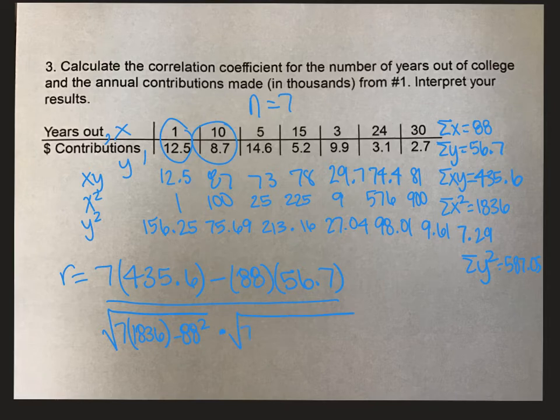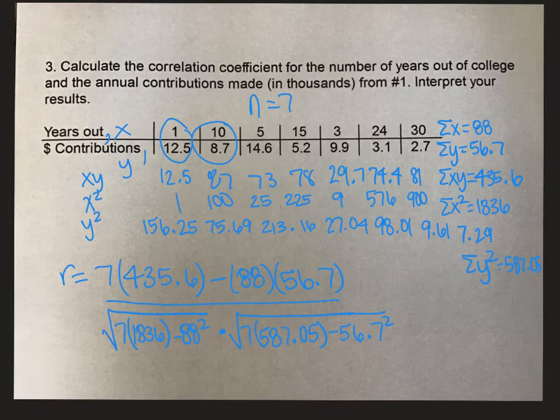So this is the square root of n times the sum of my y squared minus the sum of my y's squared. So 7 times 587.05 minus 56.7 squared. Okay, so everything's plugged in.